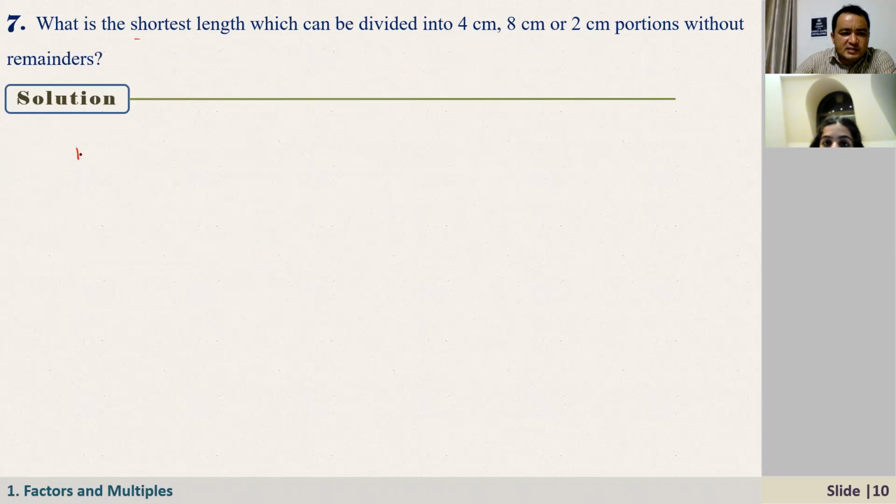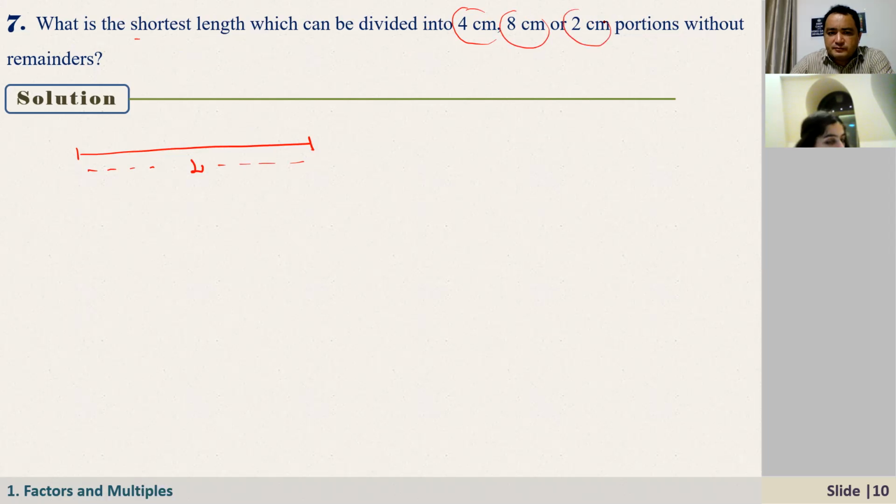We are looking for something, a string maybe, and let's say this length is L meters. So actually, we should be able to divide into equal pieces, right, of 4 centimeters or 8 centimeters or 2 centimeters. And it says shortest. That's why we need to find the least common multiple.